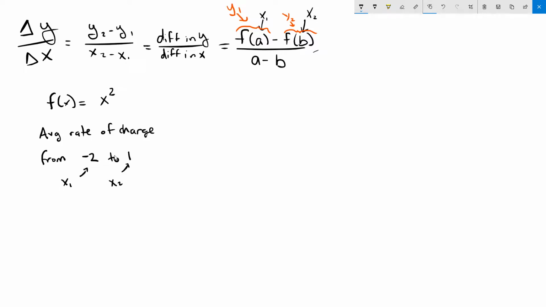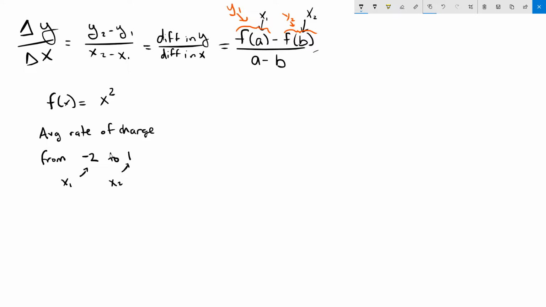In order to use this equation, we pretty much need an x and a y, right? They give us our x's, but now it's up to us to find out what our y's are. Remember, whenever we plug an x value into our function, that gives us a y, right?